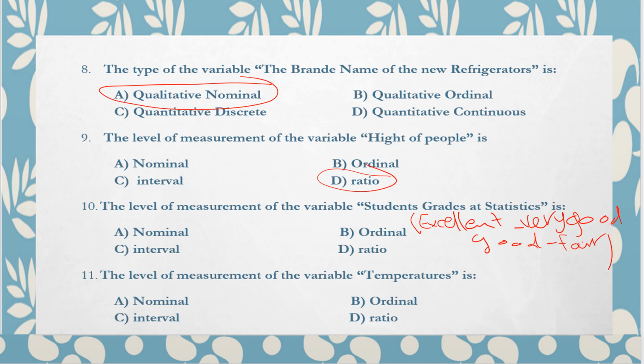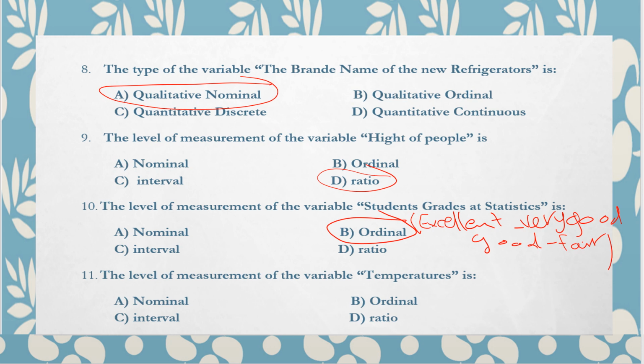Okay, these grades are non-numeric or categorical data and can be arranged. So these data are qualitative ordinal data and can be measured by the level of measurement ordinal level. So the correct answer is B.